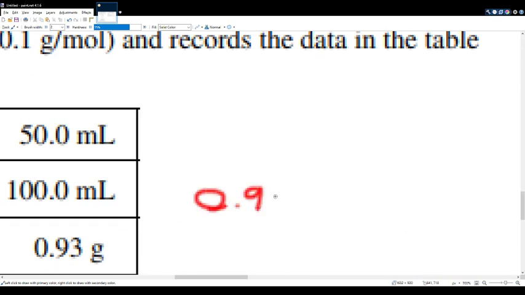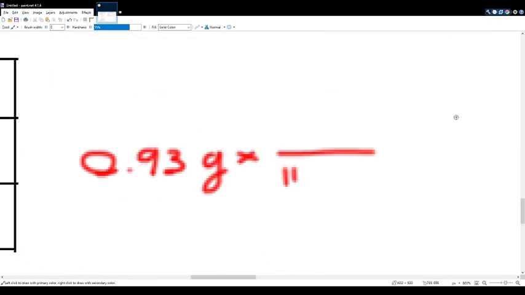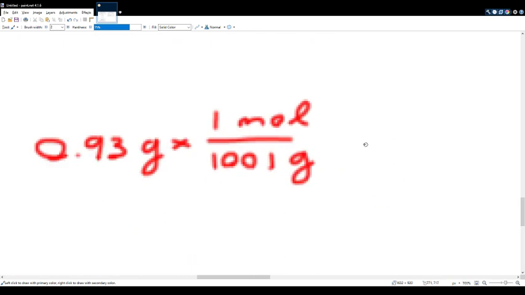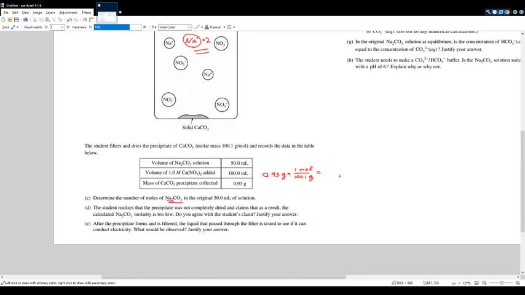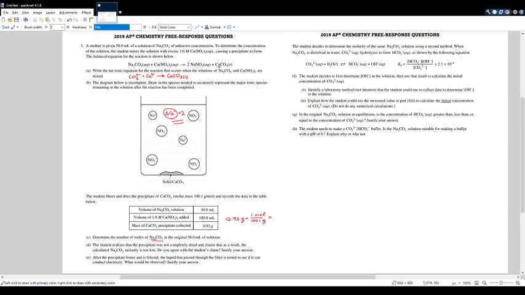So we'll go 0.93 grams of the precipitate, and it gives you the molar mass, which is 100.1 grams per 1 mole. And this is the same because there's 1 mole of the precipitate per 1 mole of Na2CO3.